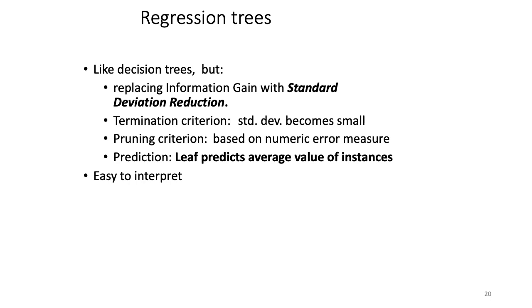And then there will be different metrics or numerical measures to decide for pruning. So for decision trees, we said that we will estimate the classification error to decide whether or not to prune. And the same thing applies to regression trees. We can prune regression trees, but they will have different measures on which we base our decision.